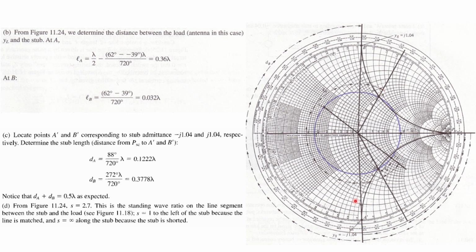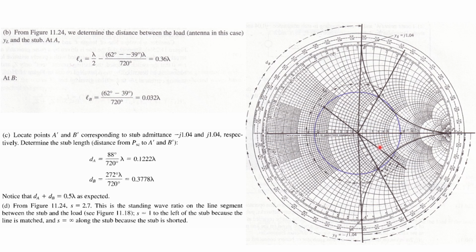The answer is that the total length is how much? Lambda by 2, always remember, and lambda by 2, and find out this angle. So how much is this angle? From this x is equal to 0, you will find this angle is 62, here it is written 62. And what about this angle?